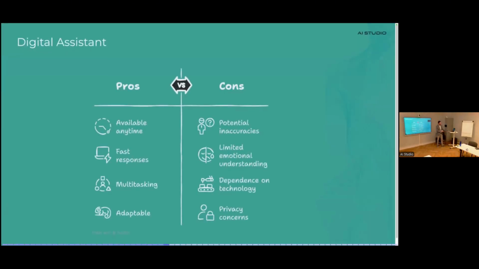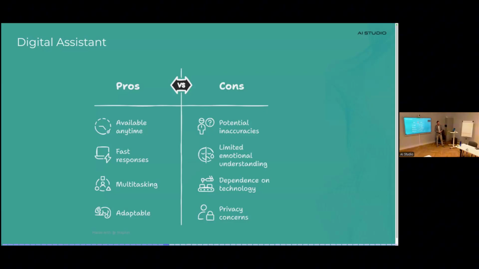And for a digital assistant, the pros are it's available anytime, you get fast responses, as a contrary to a system that works with humans. It does multitasking very well. It's adaptable. And the cons are it hallucinates.